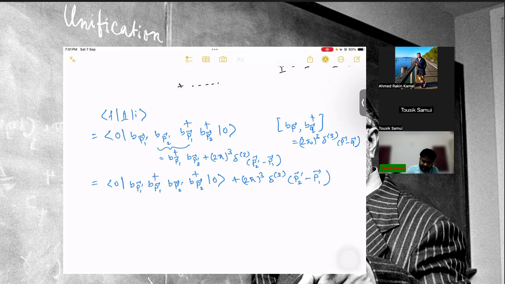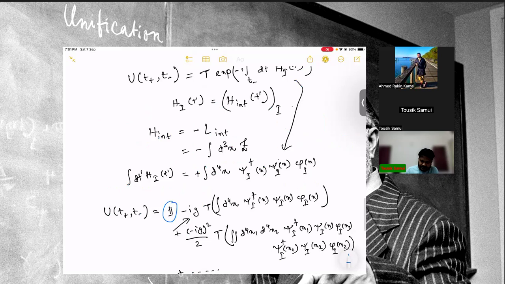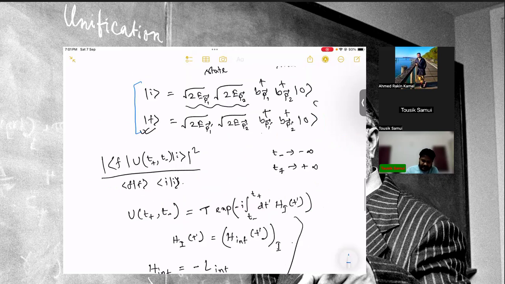So then we have the normalization factor that we write as N, where this normalization N is nothing but the multiplication of these two, this and this.